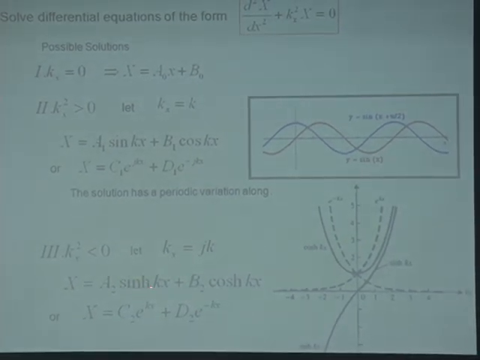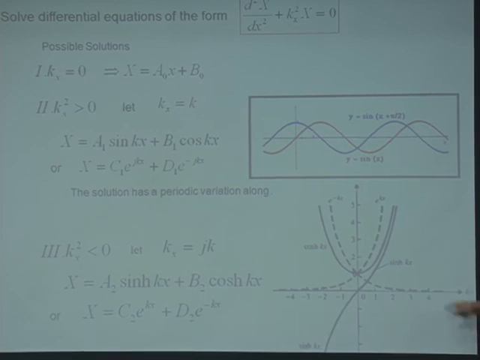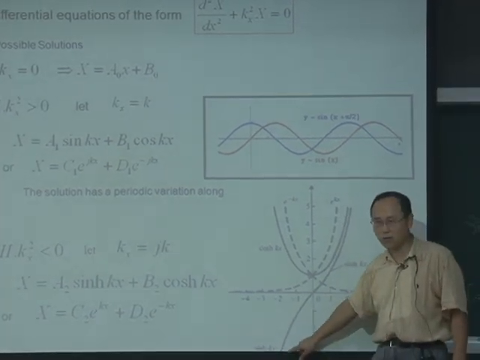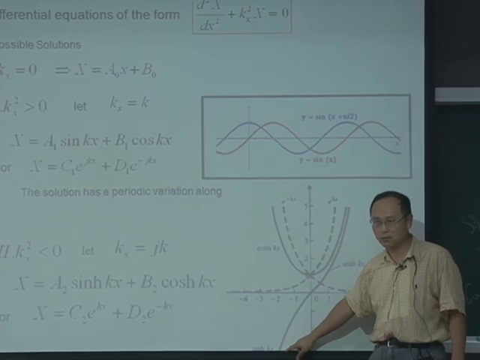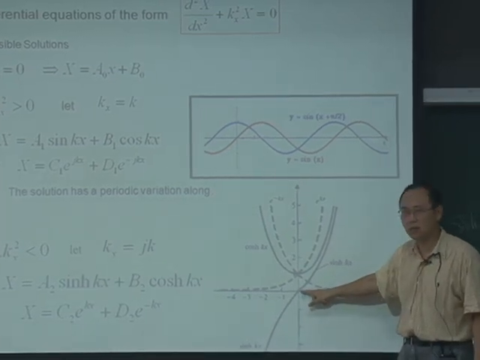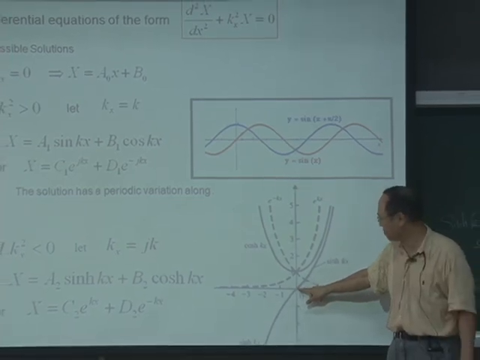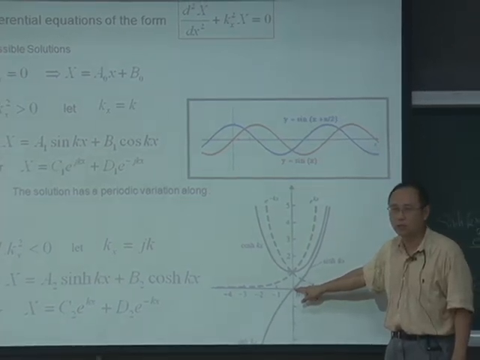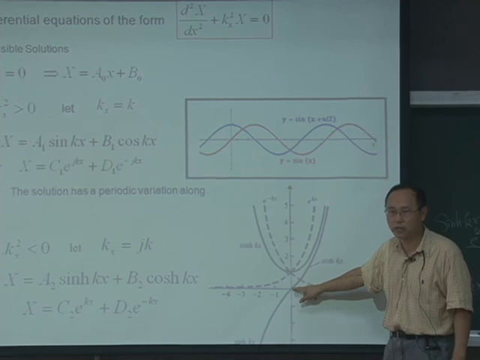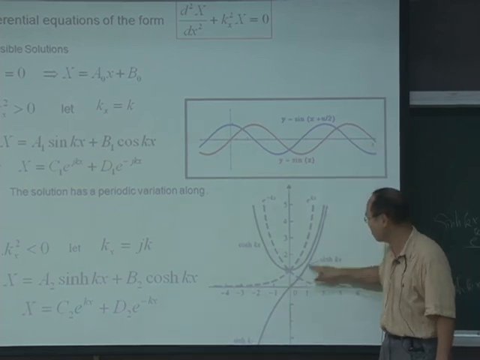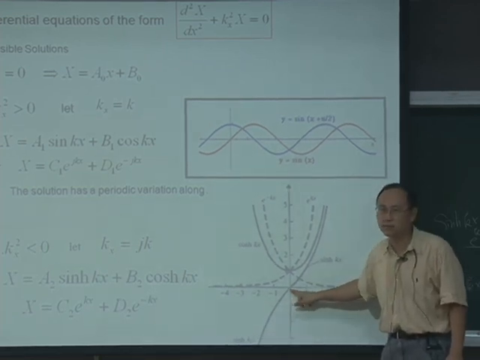Well, for this sinh, you follow this curve. Number one, it's an odd function. 它是一个奇函数. And this equation goes through the 0 point. So if you have 0 potential somewhere in your boundary, then this could be the solution you want to pick.